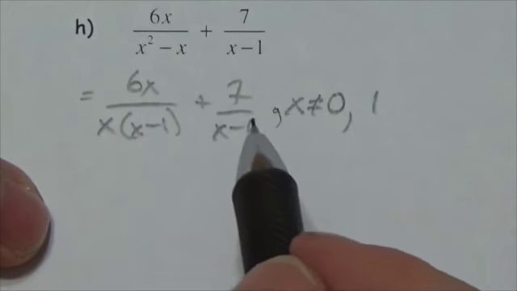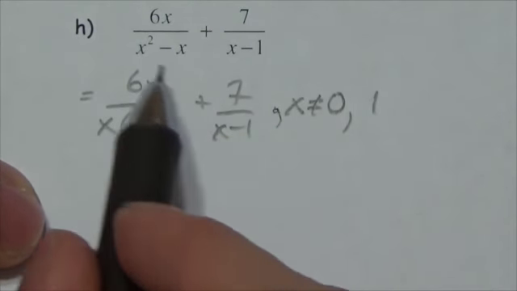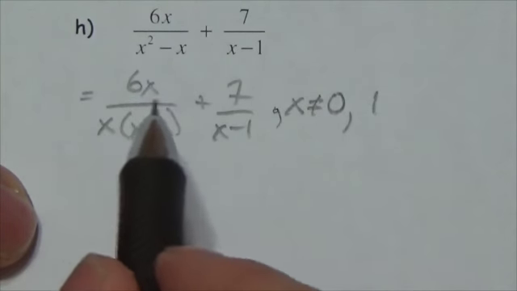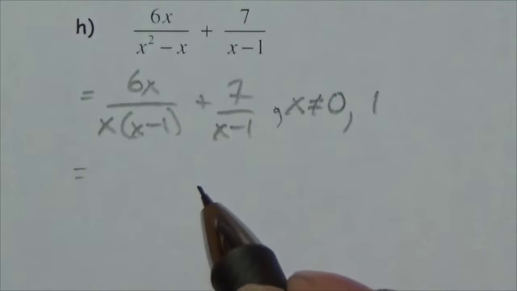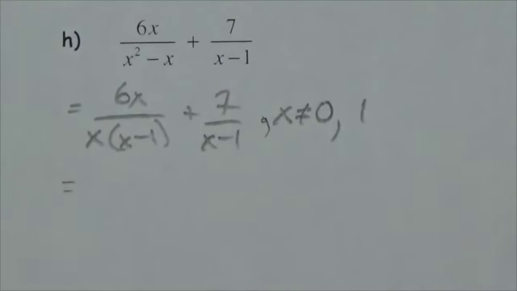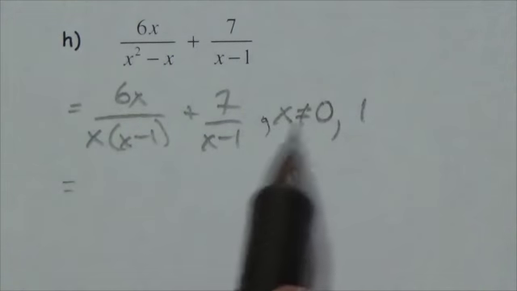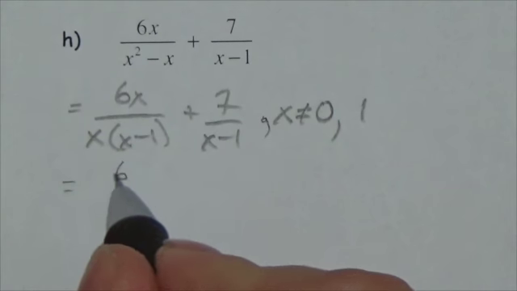Now, I'm going to add them together. I want to find the common denominator, but I notice with this term up here, there's an x in the numerator, x in the denominator. Well, x divided by x will be 1. Now, not always. If x is 0, that doesn't work, but I've already stated the non-permissible that x can't be 0. So I'm free to do that, okay?